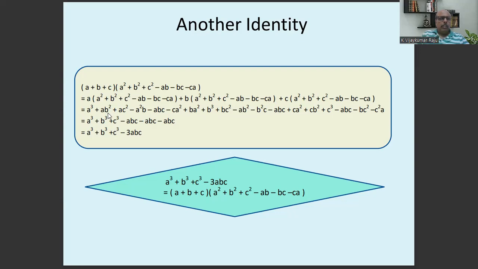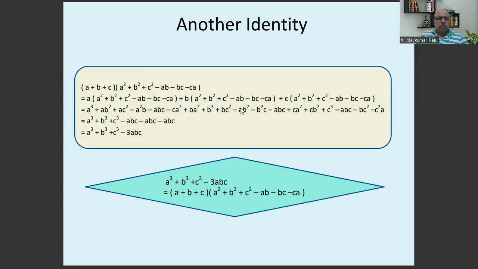Now you see AB square, you see where it is, another AB square is here.